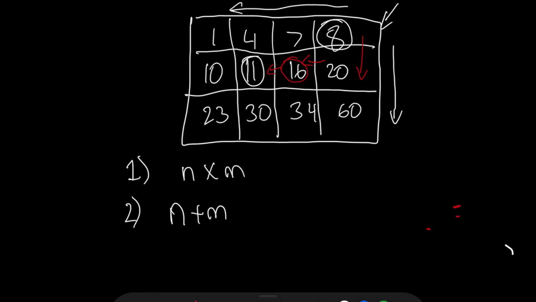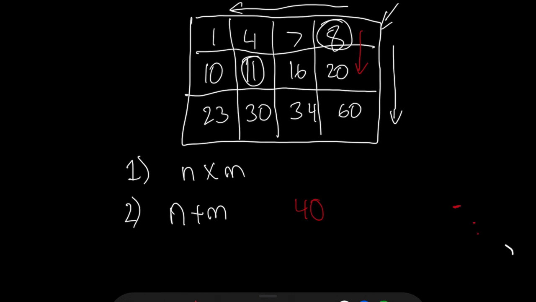So for example, if we're trying to find a number that is not in the matrix, let's say we try to find 40, what we'll be doing is we'll go to 20, and then we'll see that 20 is smaller than 40, which is the target.